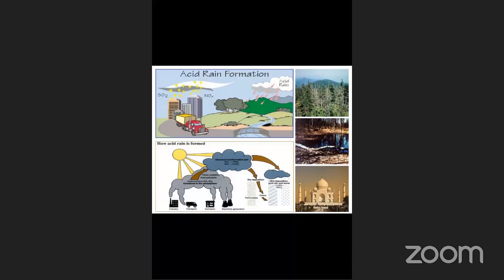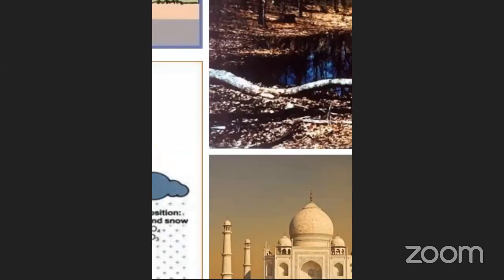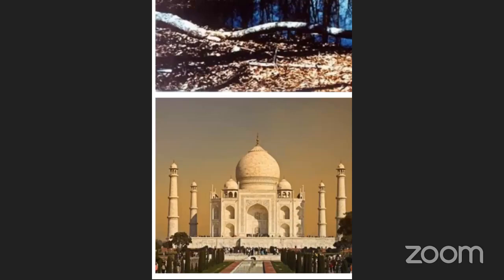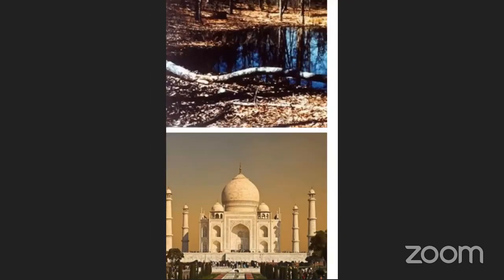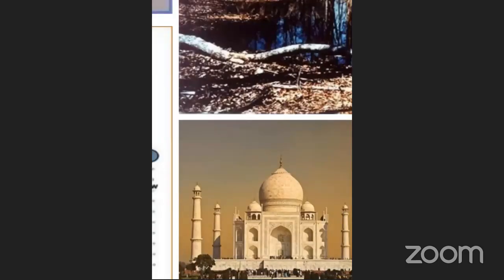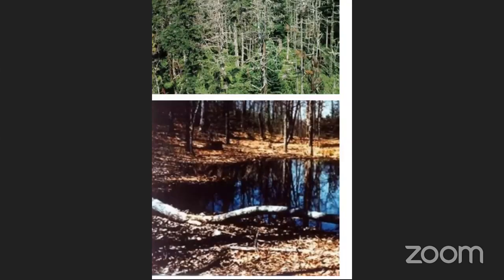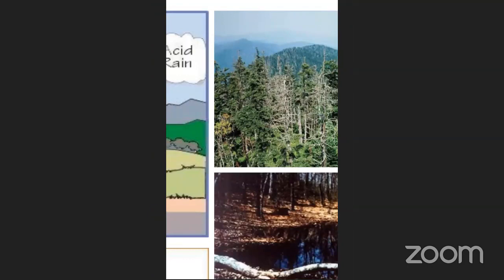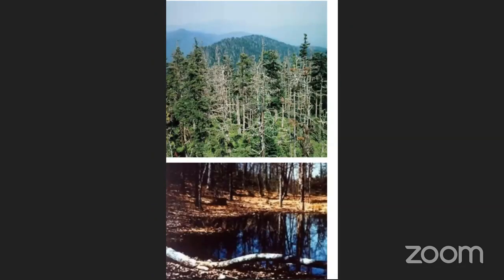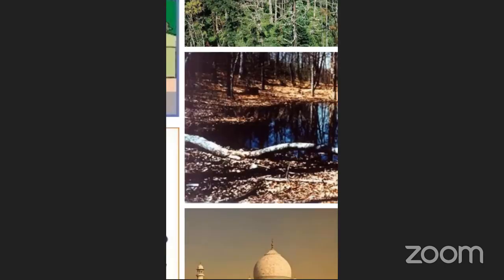See, I showed you the Taj Mahal picture. It has a beautiful white color. It is now becoming dim because of acid rain. And see the trees, they are losing their leaves. See, there are no leaves there, only wood is visible, because acid rain affects the vegetation also.